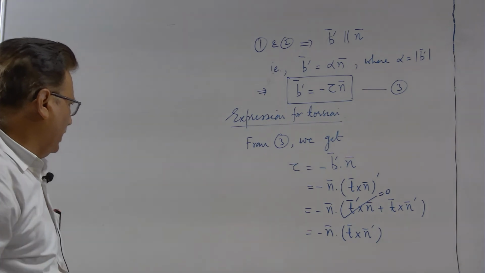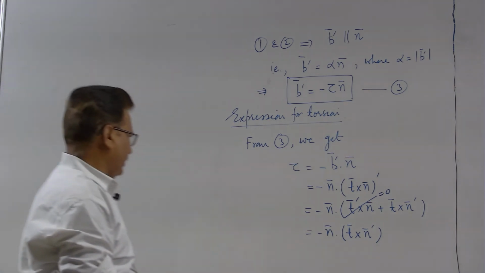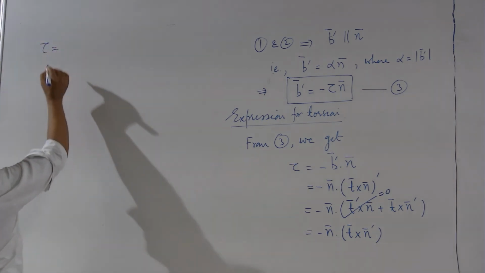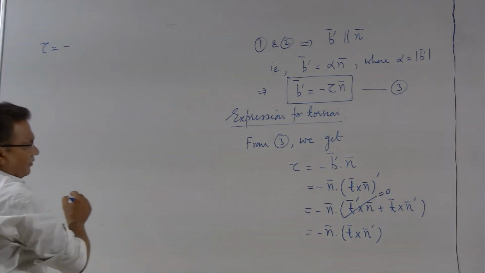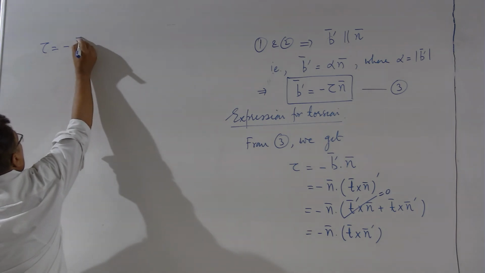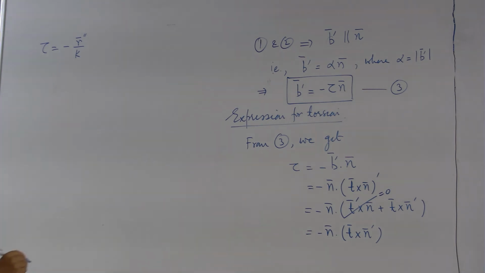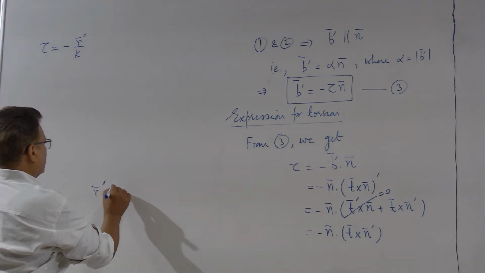So, I would like to express all these terms in terms of the derivative of r. The left hand side is tau, and on the right side I have minus, and in place of n I can write r double dash upon k. There were certain formulas which I did yesterday, and that was r double dash equal to k n.